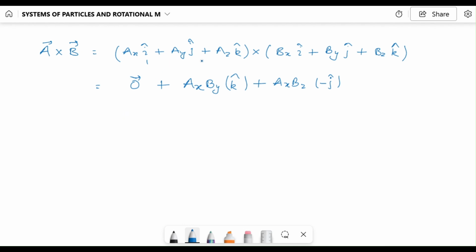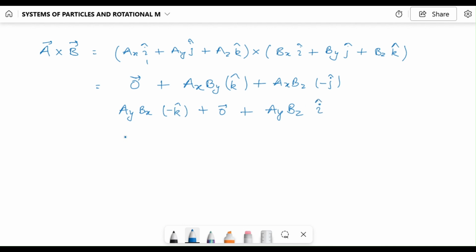Now ay j cap multiplied with this. So ay bx, and j cross i will give us minus k cap, plus j cross j, which is going to give us 0, and j cross k is going to give us i cap. So ay bz i cap.